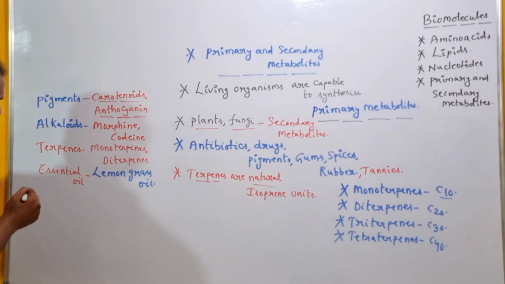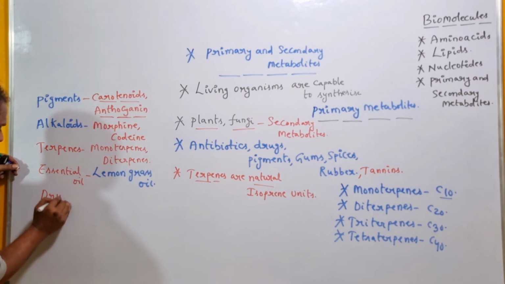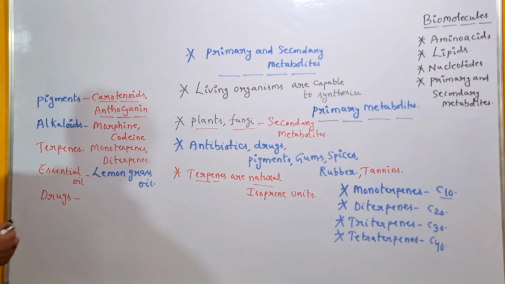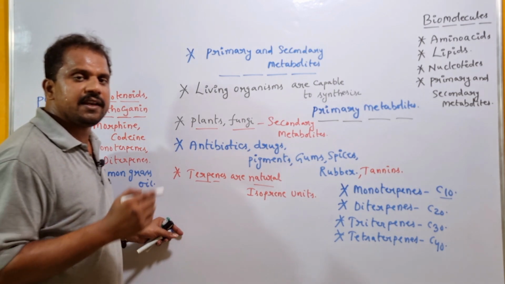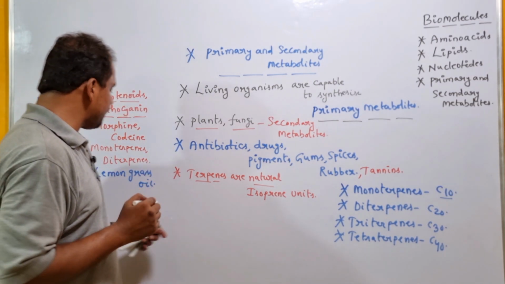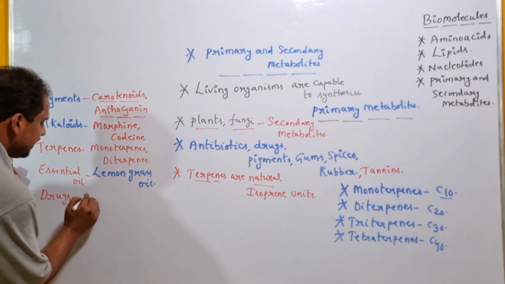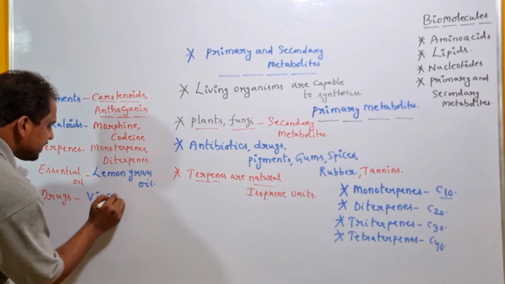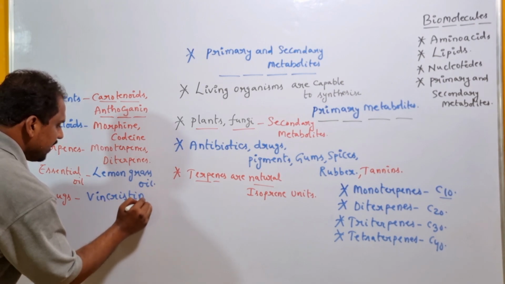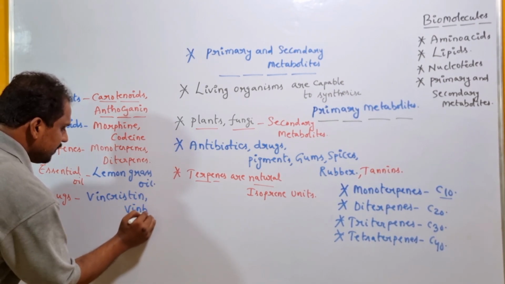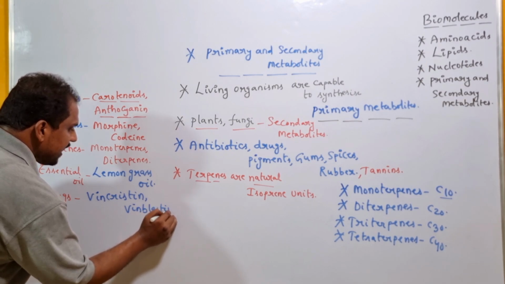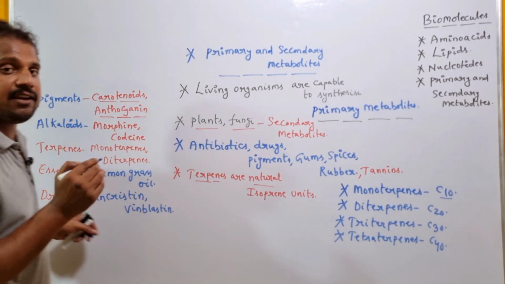And if we consider some of the drugs, what are the specific drugs most commonly useful for human welfare? Some of the secondary metabolites that can act like drugs include vincristine and vinblastine. Vincristine as well as vinblastine are anti-neoplastic drugs.